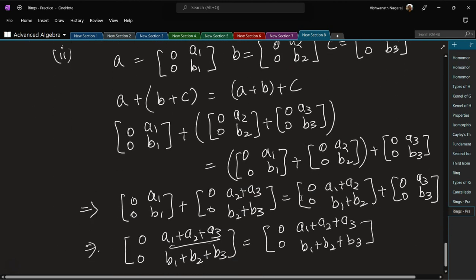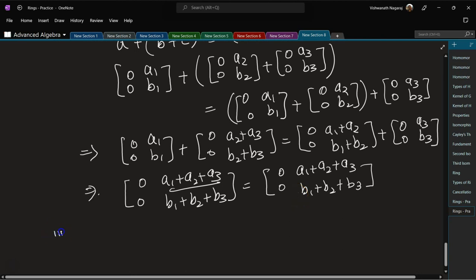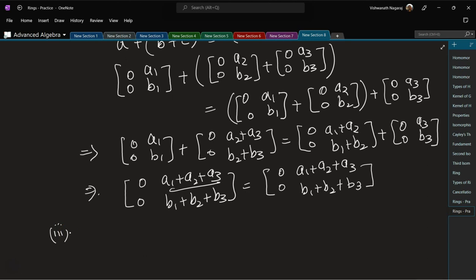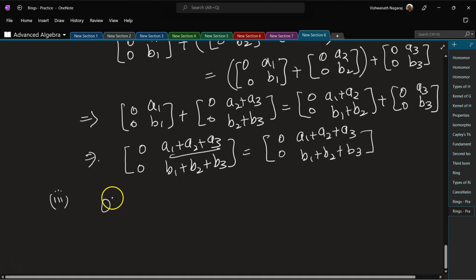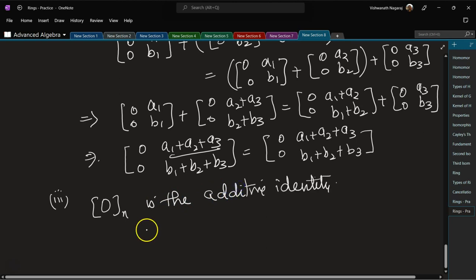Now additive identity exists. That's the third point. So additive identity of a matrix is what? Zero of the appropriate order, of the appropriate size, is the additive identity. This is a 2 by 2 matrix, so [0 0; 0 0] is the additive identity.